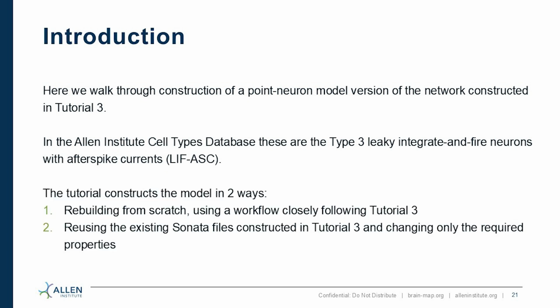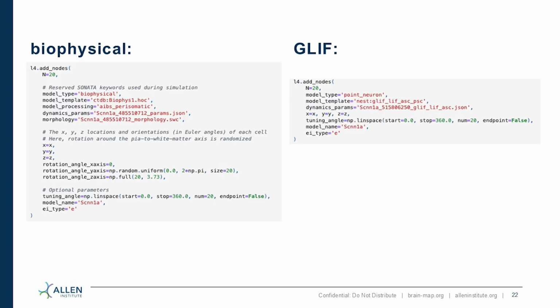Okay, and now to construct our GLIF version of the same network type, we have two choices. We can build everything again from scratch, or we can reuse existing Sonata files that we already created. If you compare the construction of the biophysical to GLIF, they're quite similar.